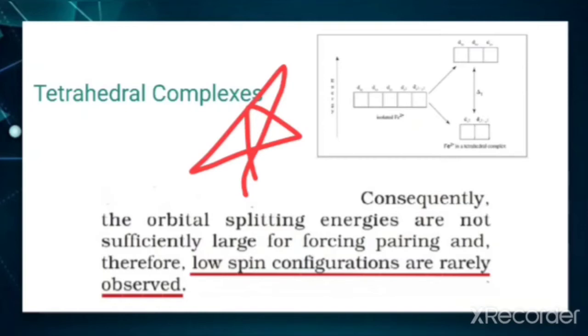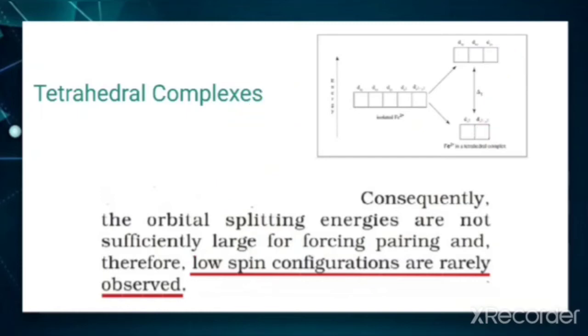Either it is asked in this way, why the tetrahedral complexes rarely show the low spin configuration, because the orbital splitting energies are not sufficiently large here. That means this splitting is not large in the case of tetrahedral complexes, so pairing is not much of a possibility in the case of tetrahedral complexes. So it is one of the most important questions. Usually a reasoning question arises on this part.